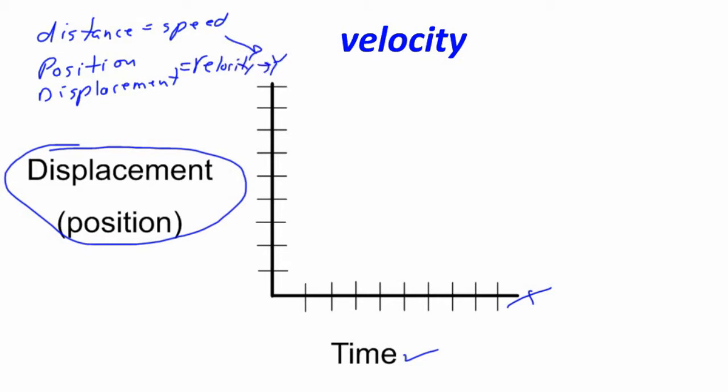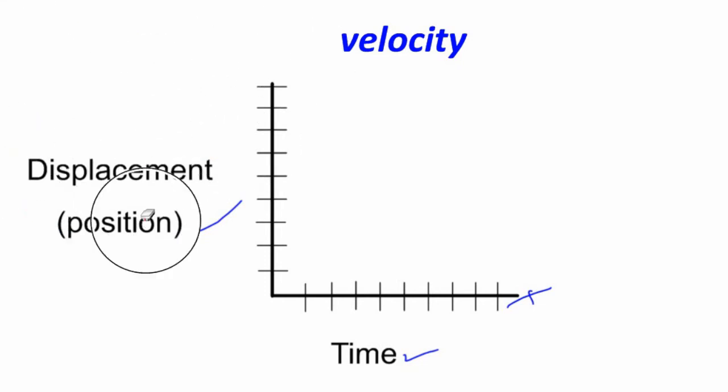Okay, that's not very neat. I apologize for that, but hopefully you get the idea. That's the only difference between speed and velocity. Velocity has direction along with it. All right, so that means some differences in the graphs as well.